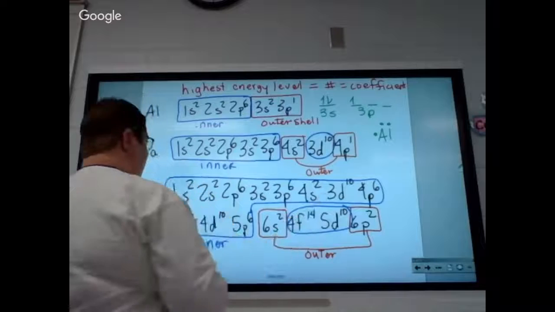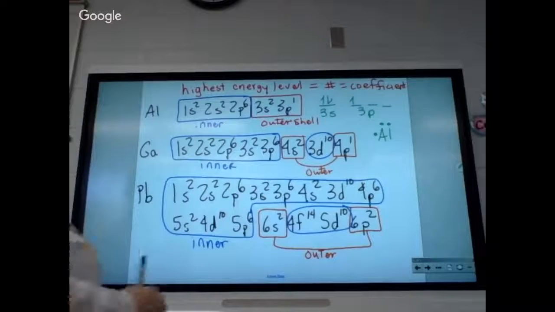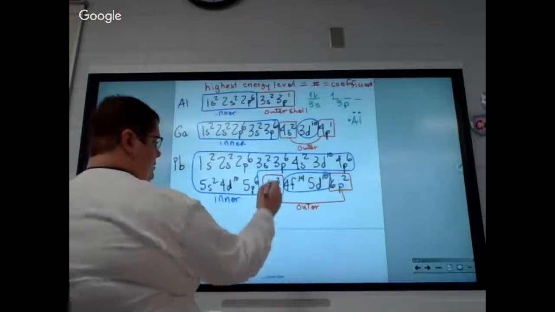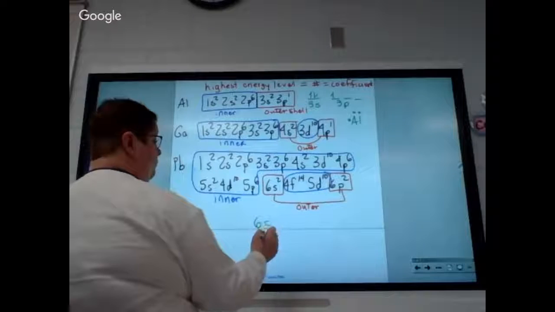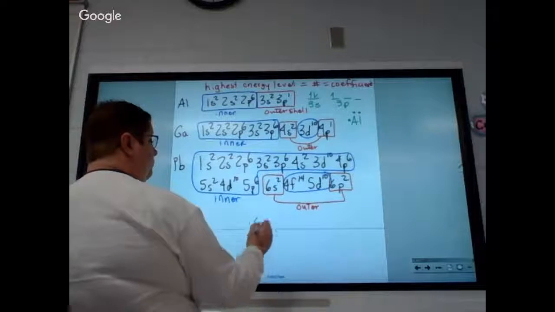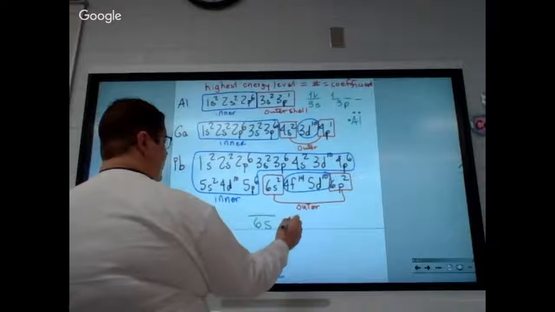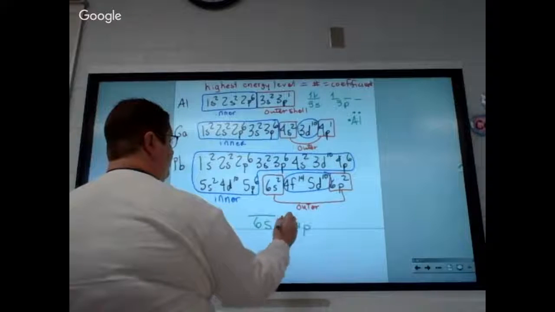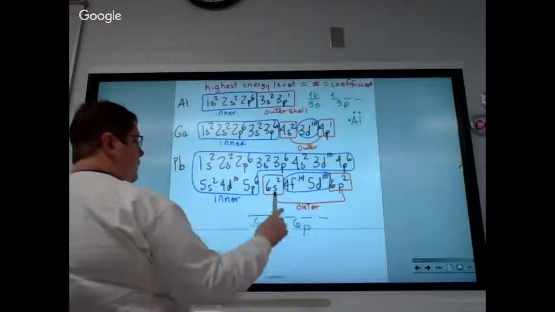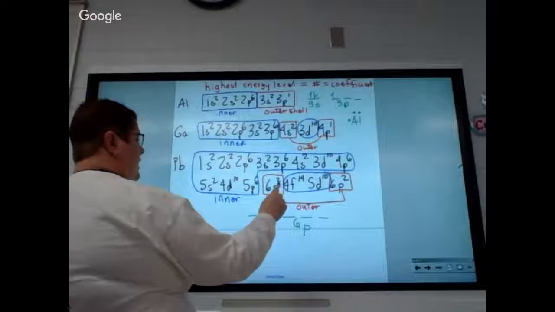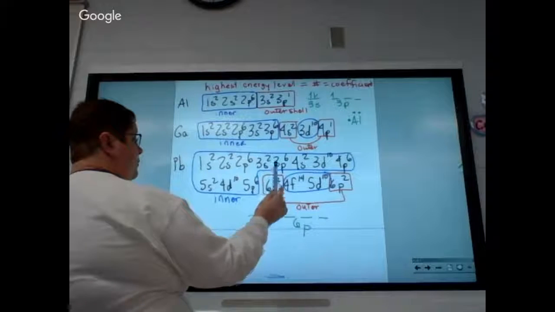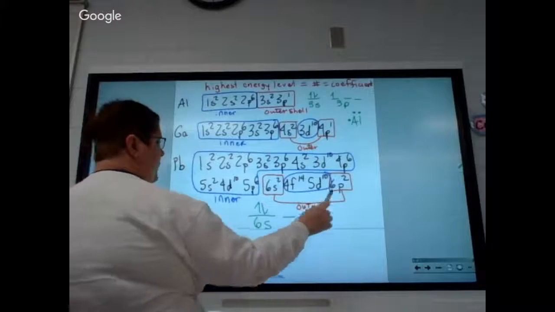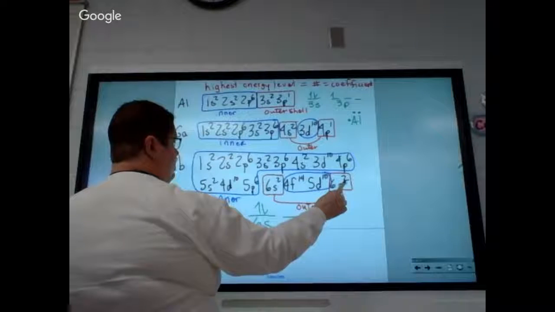All right, so let's draw lead. 6s has how many lines? 6p has how many lines? 3, right? How many arrows are in 6s? 6p has how many arrows?